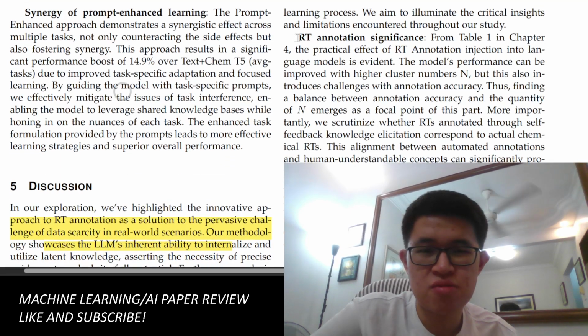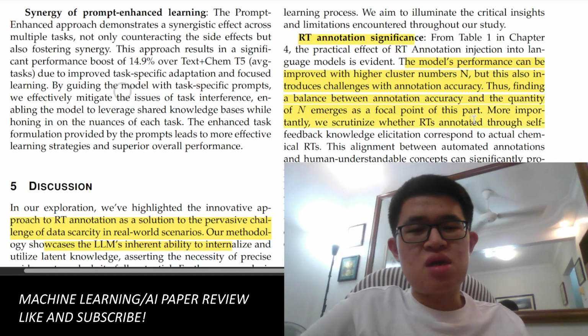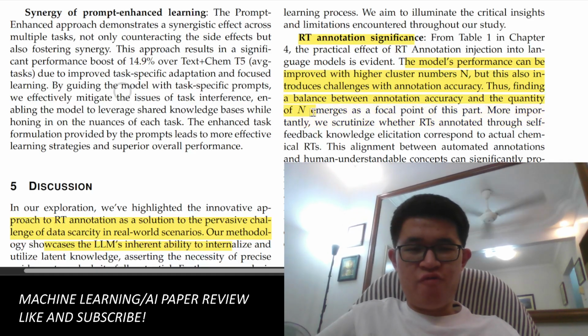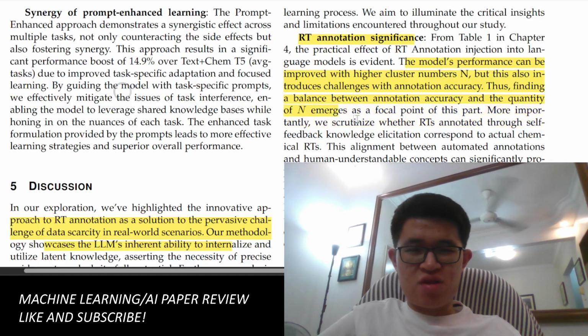They also talk about how significant annotating for reaction types are. And then they mention here the model performance can be improved with higher cluster numbers, but this introduces challenges with annotation accuracy. Thus, finding a balance between annotation accuracy and quantity of n, the number of clusters, is important, right?